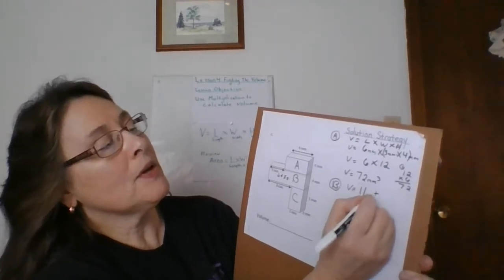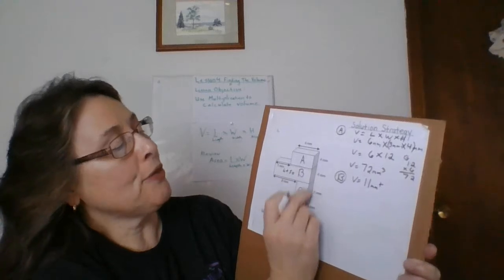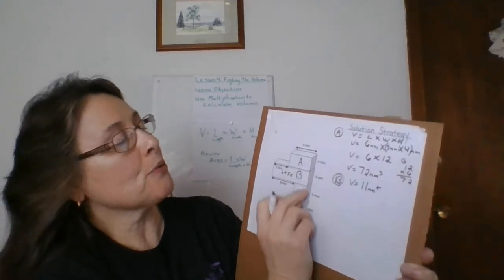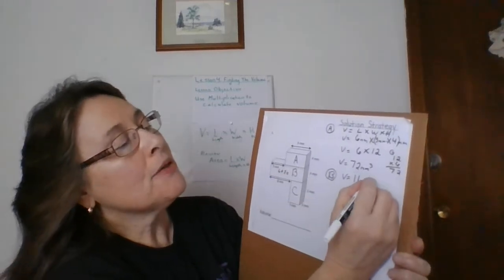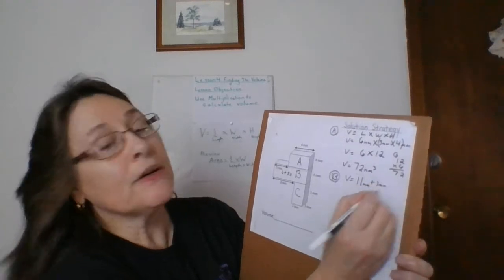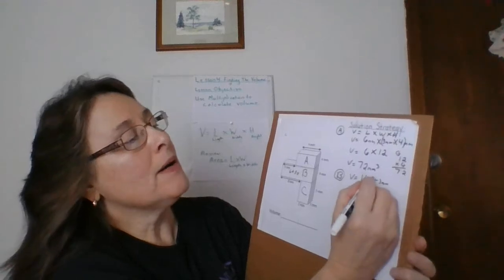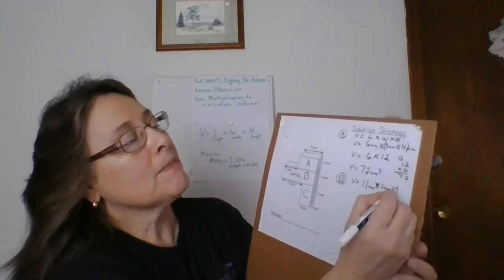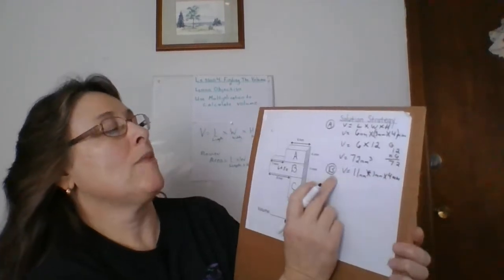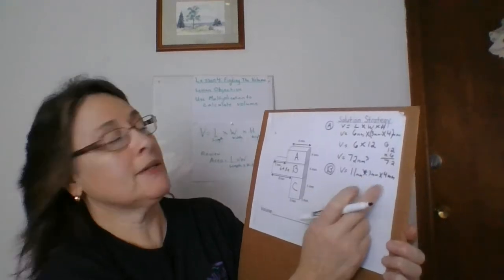millimeters. My width is still 3, because remember the 3 is the same for all of them, the 3 millimeters. And then my height is 4 millimeters. So my formula, 11 times 3 times 4.